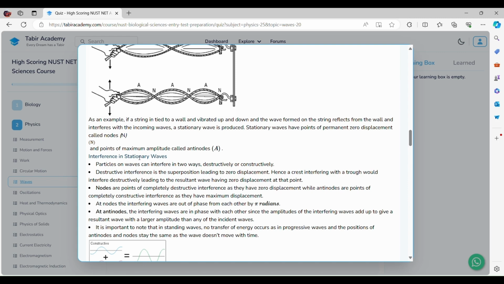Nodes are points of completely destructive interference, as they have zero displacement, while antinodes are points of completely constructive interference, as they have maximum displacement. At nodes, the interfering waves are out of phase from each other by pi radians. At antinodes, the interfering waves are in phase with each other since the amplitudes of the interfering waves add up to give a resultant wave with a larger amplitude than any of the incident waves.